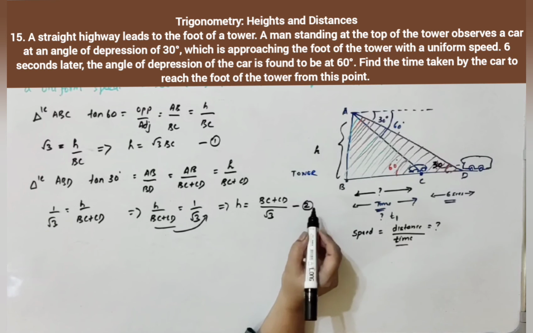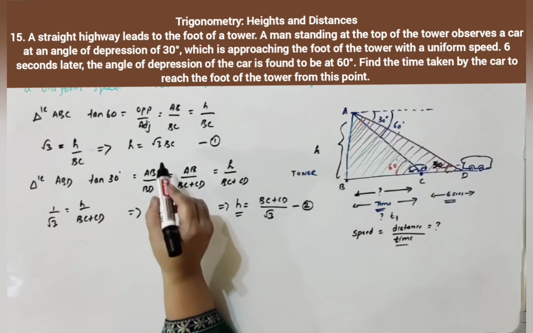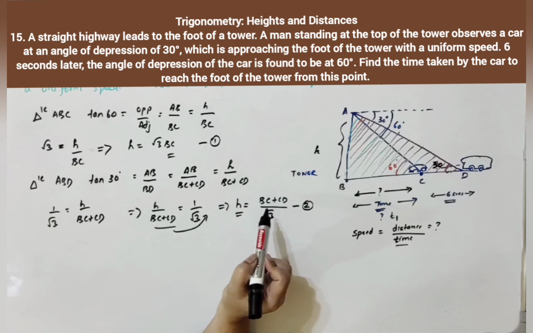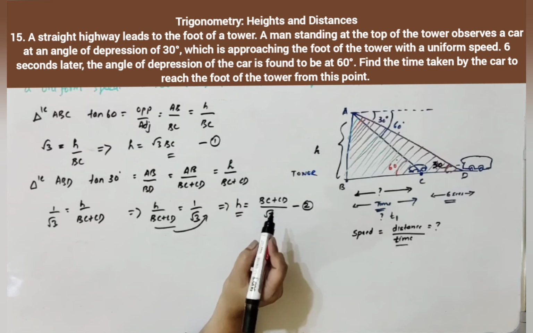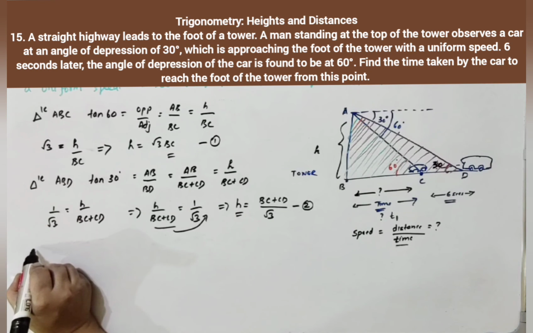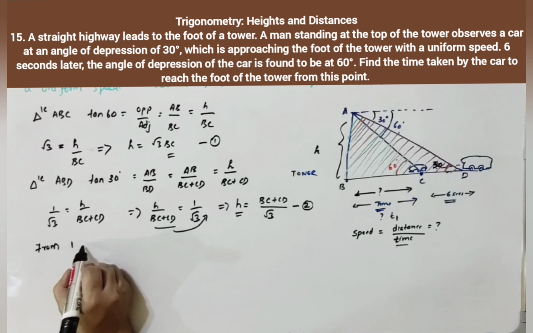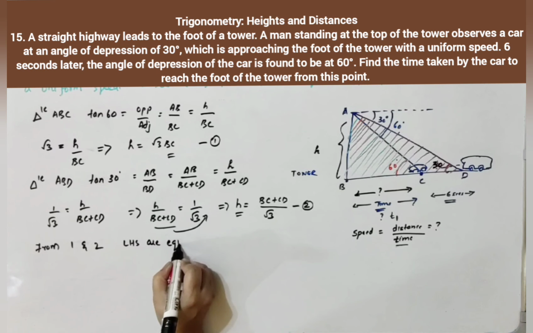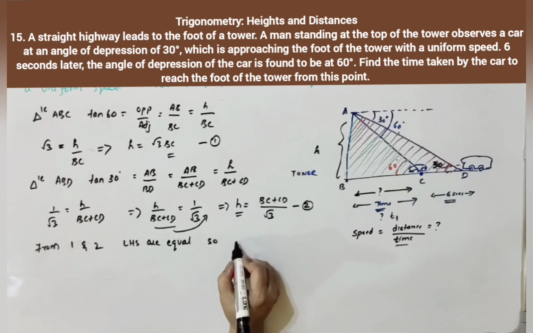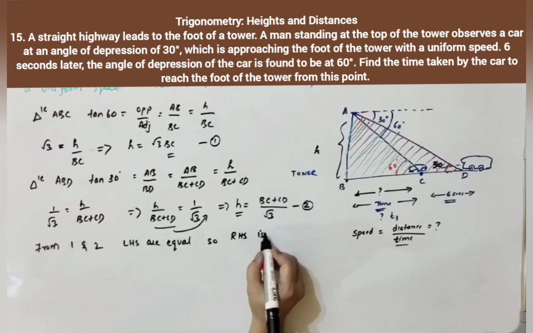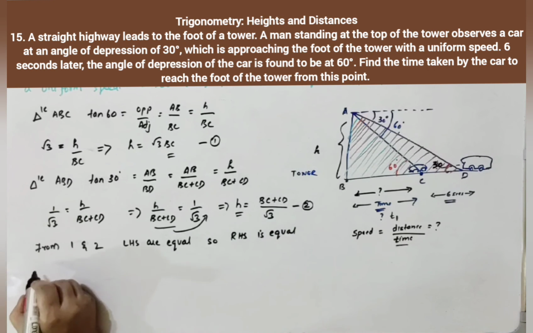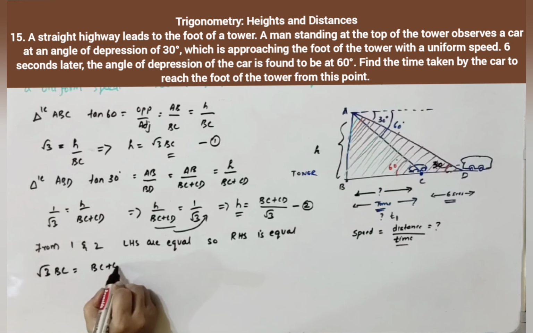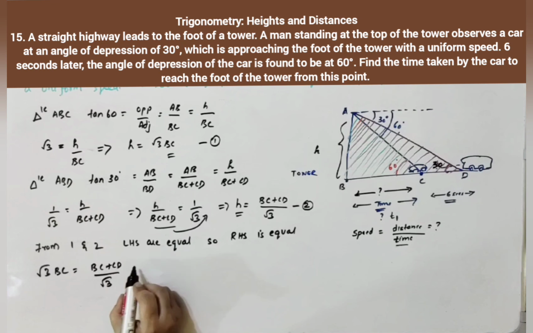This is equation 2. Now from 1 and 2, the height of the tower is going to be the same. LHS is the same in both equation 1 and 2. So if LHS is the same, then the right hand side also has to be the same. So RHS is equal, which is nothing but √3 BC is equal to BC plus CD by √3.